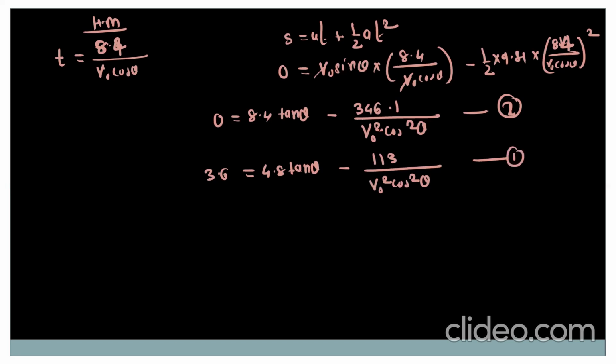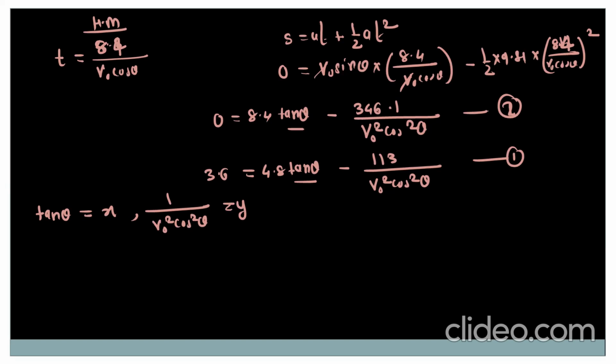Okay, so if you observe these two equations, then we have the same term tan theta and this 1 upon V naught square cos square theta. So we can take tan theta as x and this total term 1 upon V naught square cos square theta as y. So we can convert this equation in terms of x and y. So we can solve this as a simultaneous equation and we can get the value of x and y.